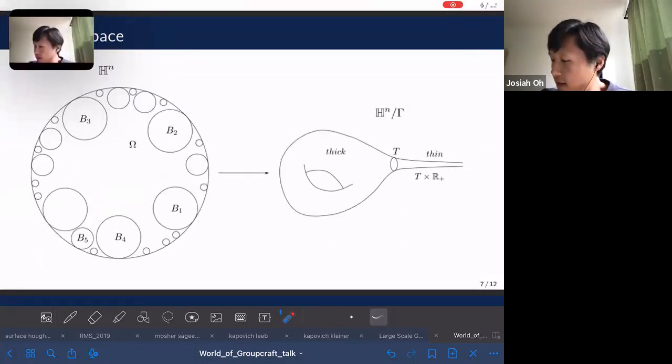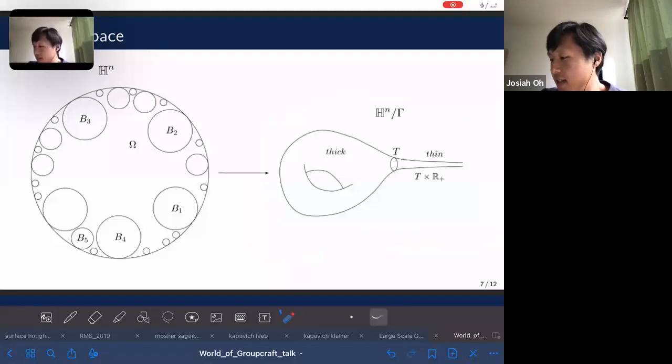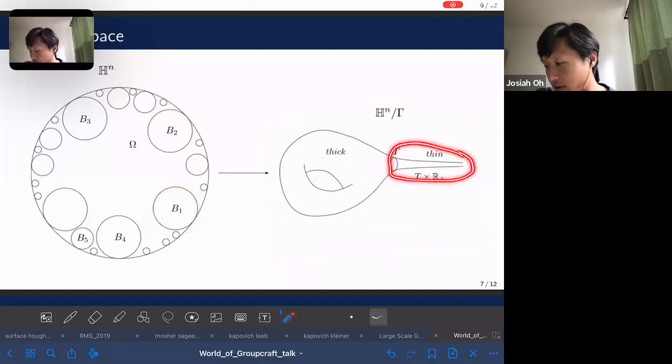Here on the right-hand side is supposed to be the base of one such piece. It's supposed to be a finite volume non-compact hyperbolic manifold. And we have this cusp here. And this loop where we make the truncation lifts to these horospheres in the universal cover. That's why I called this a horospherical neighborhood earlier.